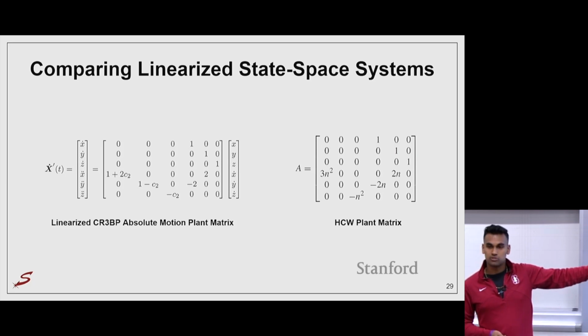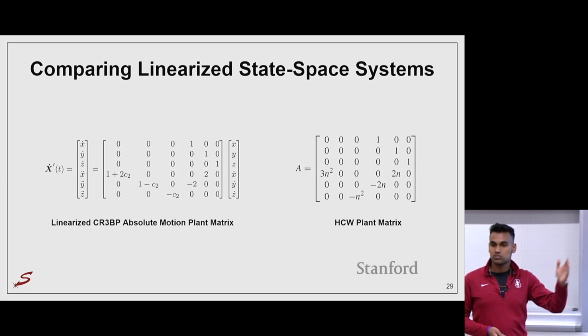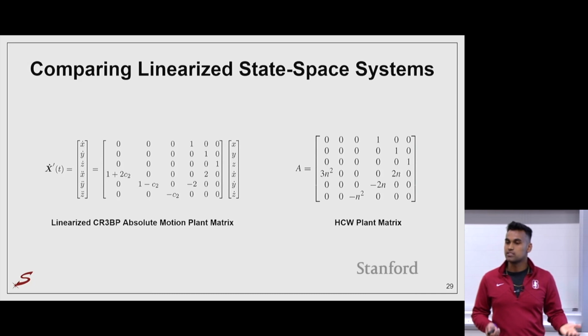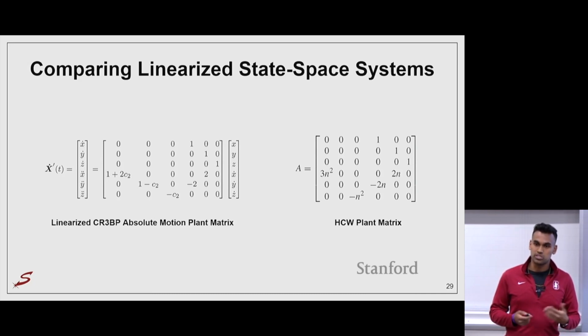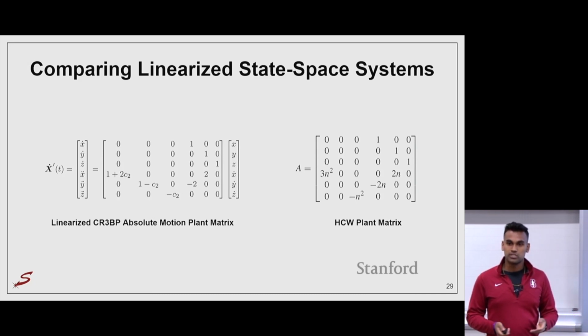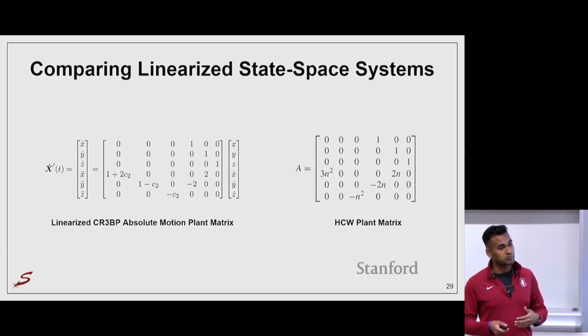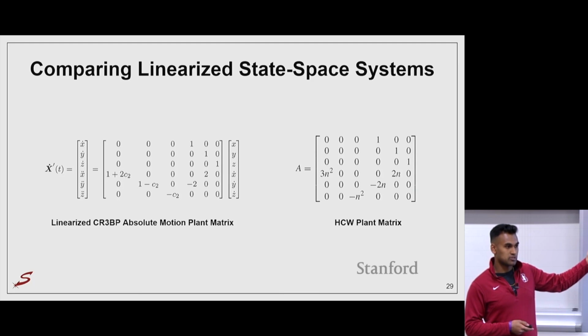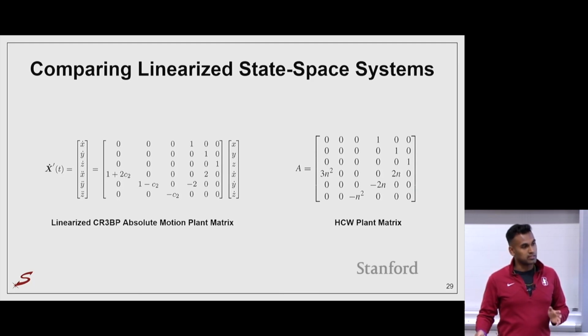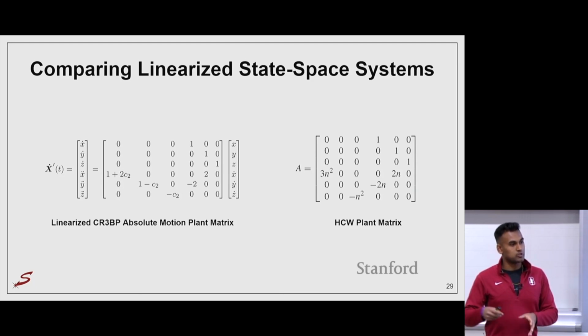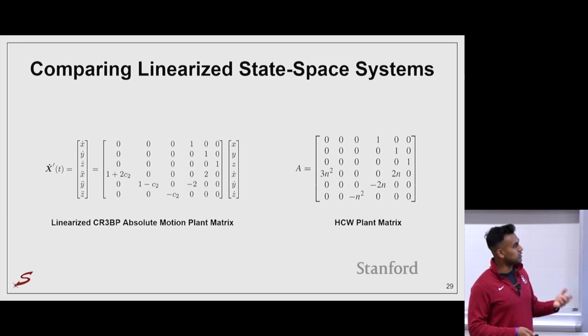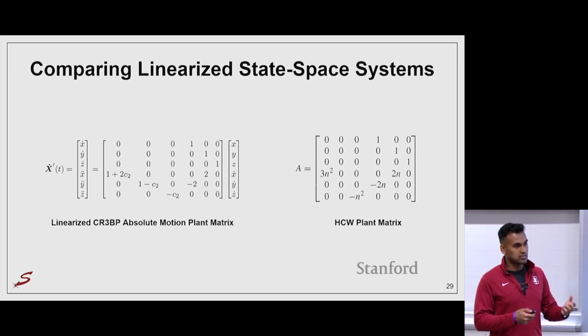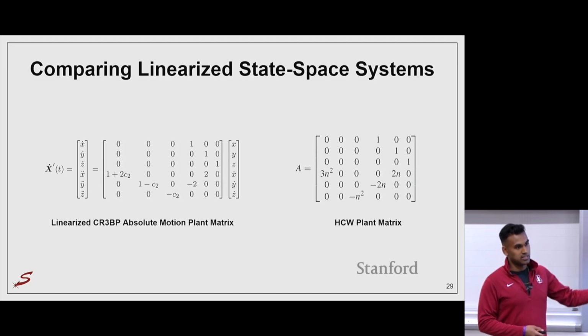And this is actually why the Hill-Clohessy-Wiltshire equations are called that, because in 1878, George Hill published his researches in lunar theory, which described the relative orbital motion between the Moon and the Earth, and he came up with similar equations of motion. And then more than 80 years later, in 1960, Clohessy and Wiltshire published their paper on the equations of motion for a formation of satellites in Earth orbit that built on the same principles that Hill started with.